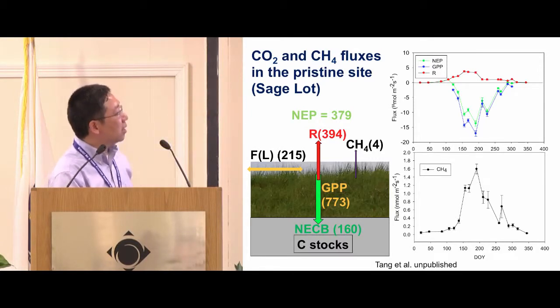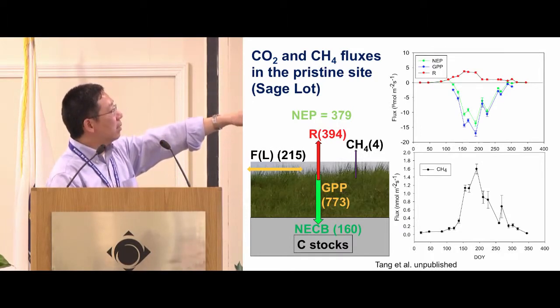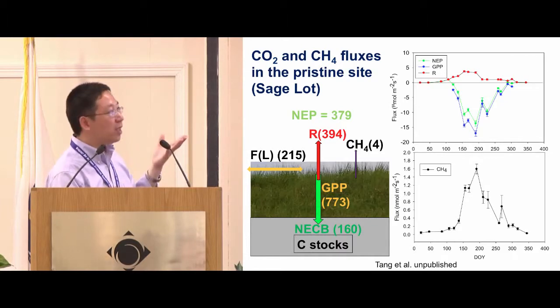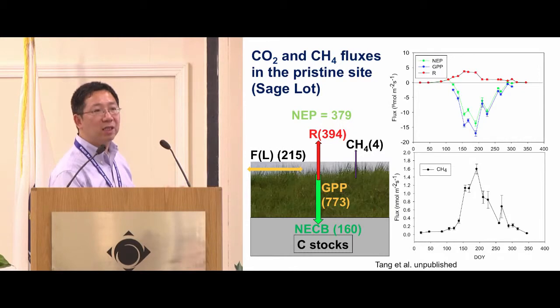So that's the indicator of the net flux of CO2. And the bottom is CH4, the net methane flux, and we also see a seasonal pattern. The x-axis is the day of year, the Julian day, across the season in 2014. So basically, we can quantify the change of the gas flux, both CO2 and methane, across the season.